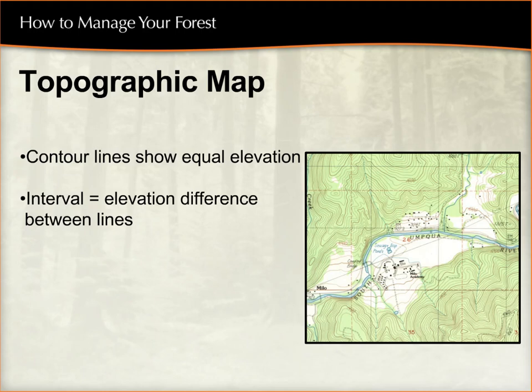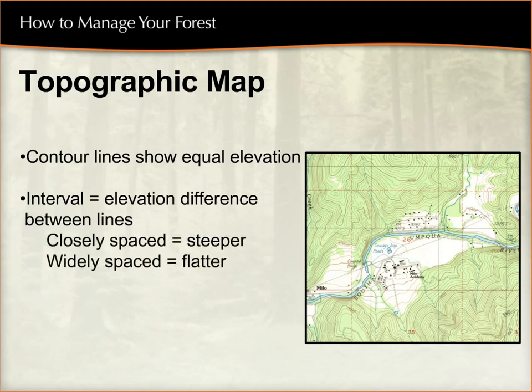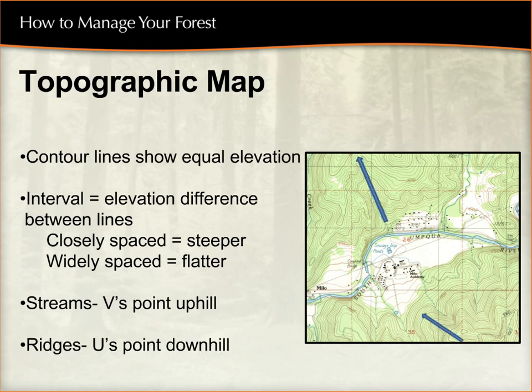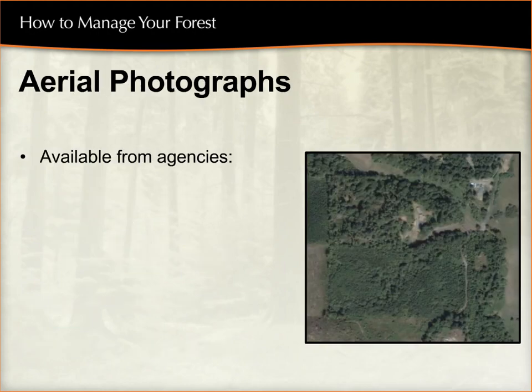When the contour lines are close together, that indicates a steep slope, whereas widely spaced contour intervals show areas that are not as steep. Streams are going to show up as V's, the point uphill, whereas ridges are going to show up as U's, the point downhill.